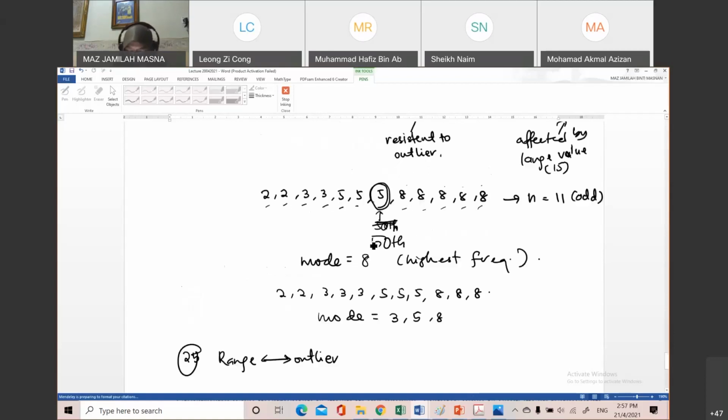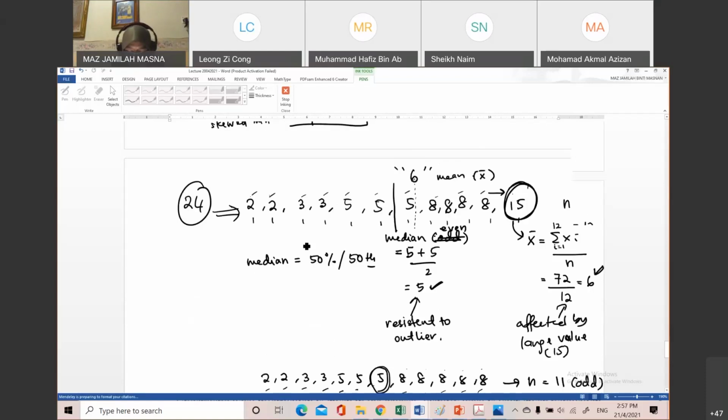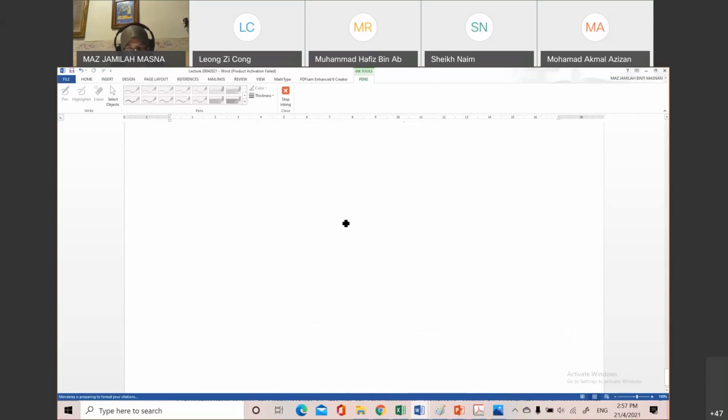We have just discussed this just now. The same goes for the range. If you have an outlier in your data set, either very small data or very large data, does it affect your range, class?